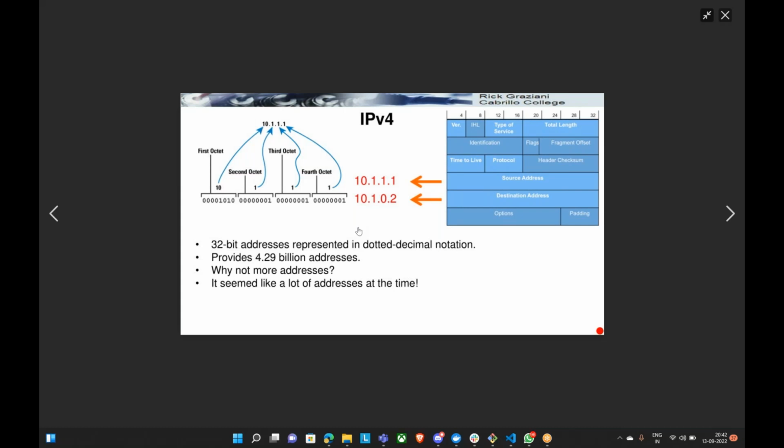So they have switched to the IPv6 addressing format, which is 128 bit, which is very huge. But we are not going to be discussing IPv6, rather we'll be discussing IPv4, and our entire course will be based on the IPv4 addressing format, right?